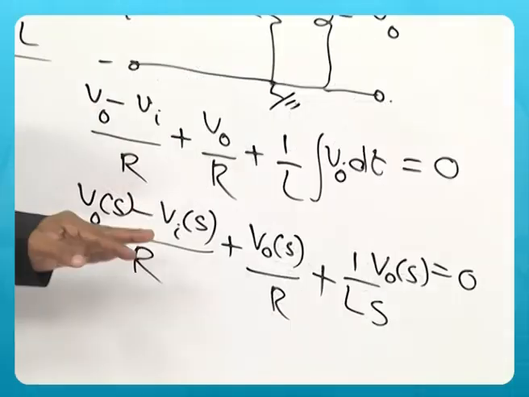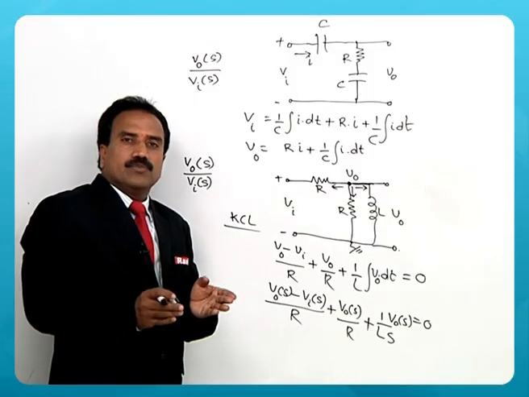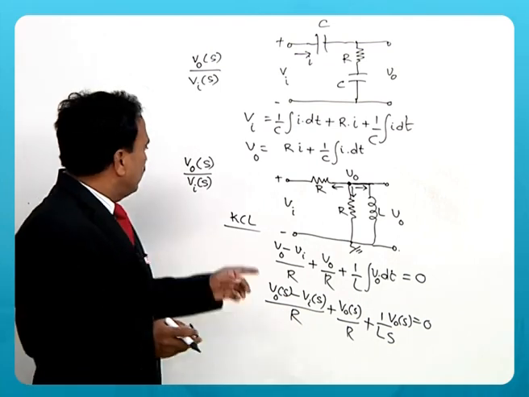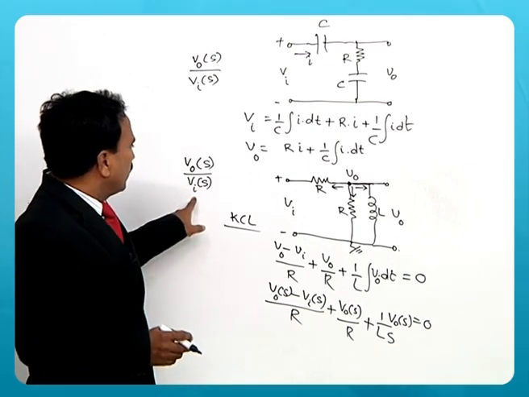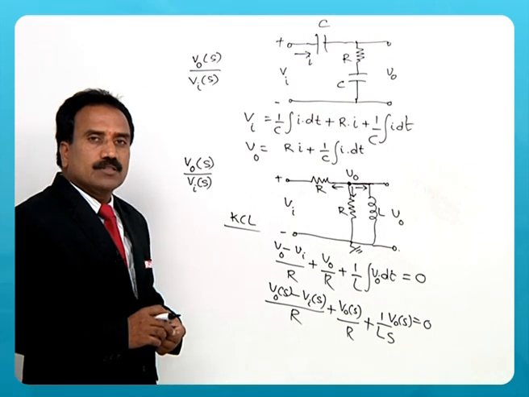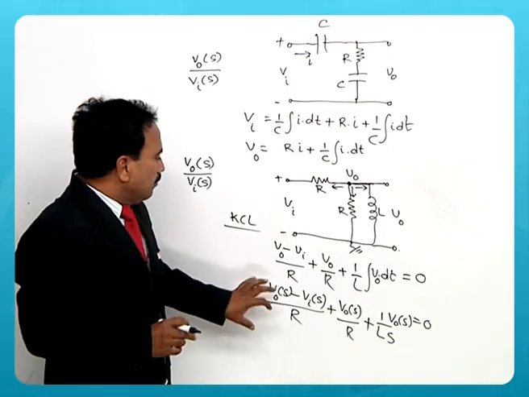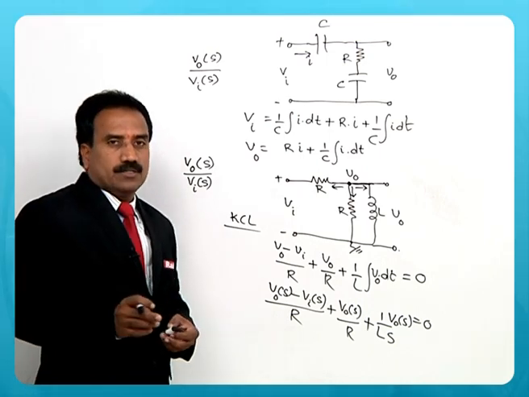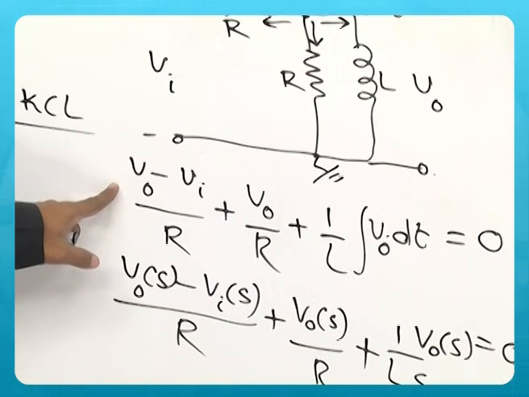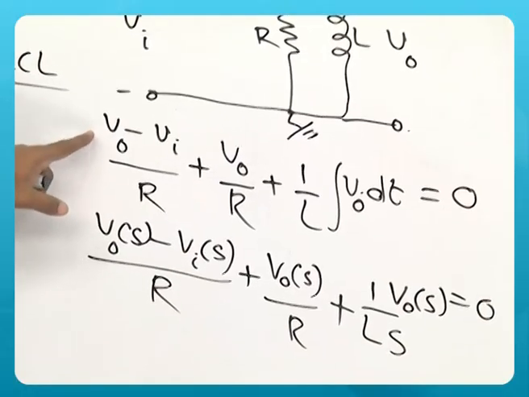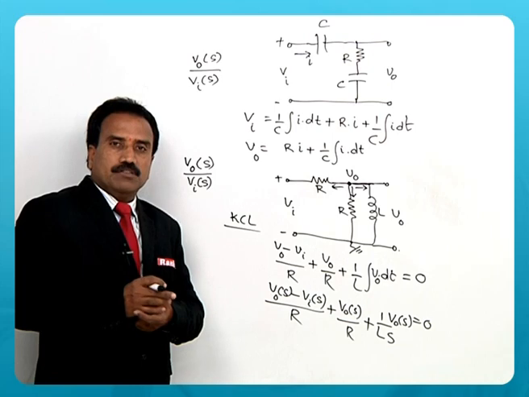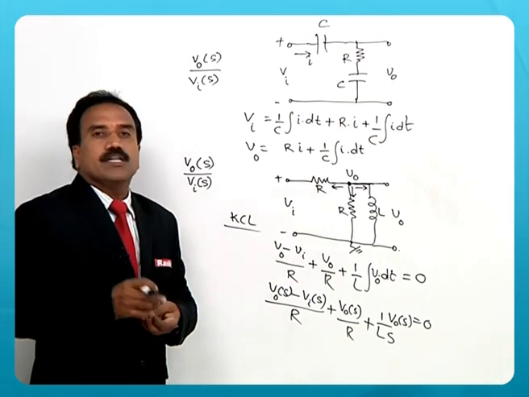So you can rearrange the terms, V0 of s on one side and Vi of s on the other side, and get V0 of s by Vi of s. So applying the Laplace transform and simplifying is not a difficult task. What is difficult, and where you need to be careful, is writing the nodal equation or mesh equation depending on the circuit that is given.